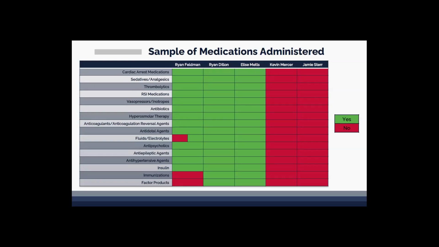You can see a pretty wide array across the board from cardiac arrest medications to sedatives and analgesics, thrombolytics, RSI medications, vasopressors and inotropes, and so on and so forth. So this provides an overview of the scope of EM pharmacist medication administration, and what some of those classes and medications look like that folks are administering in their ED.